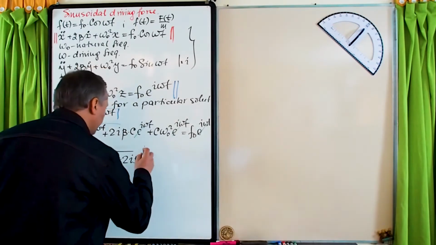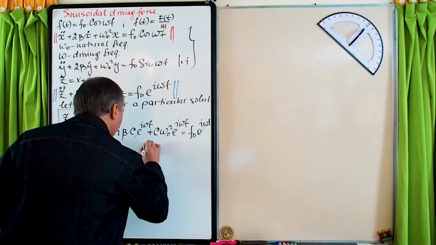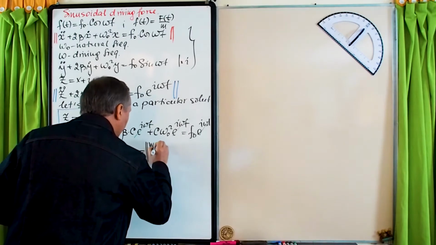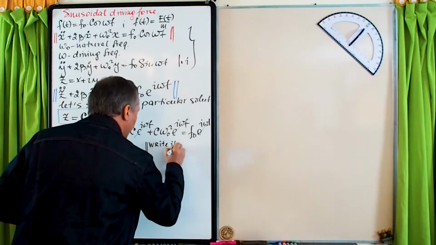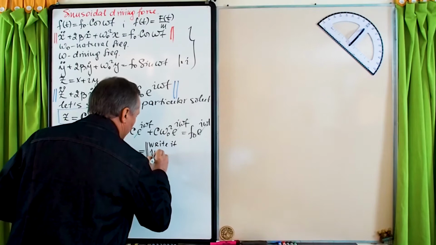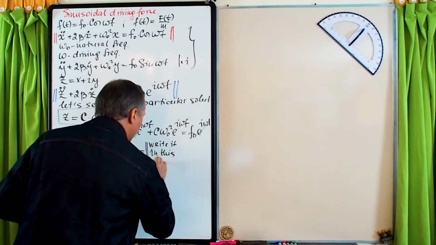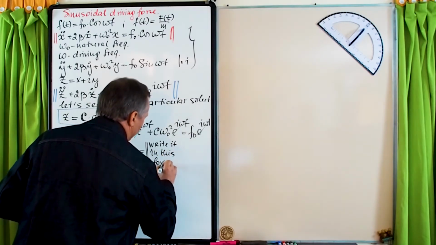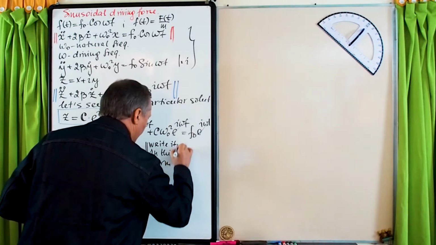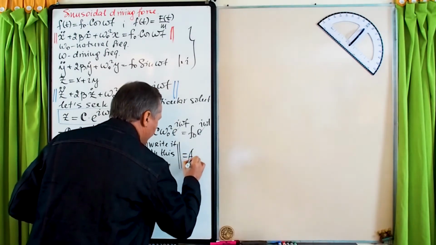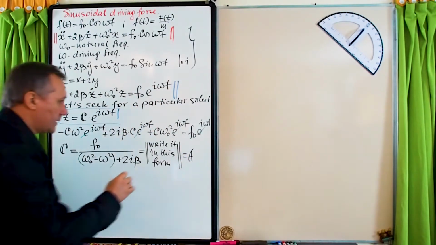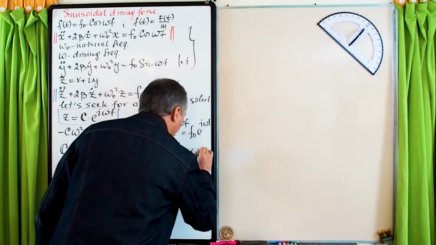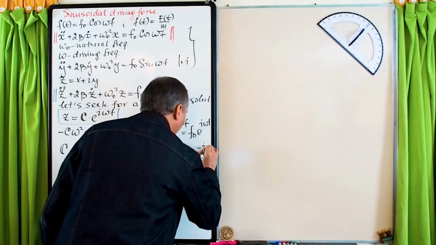Write it in this form: some constant a times e to the power of minus i delta.